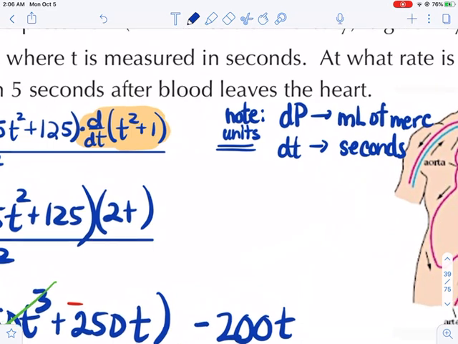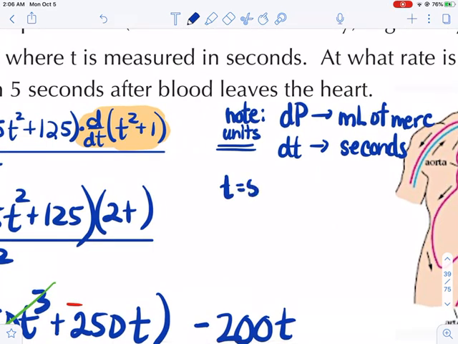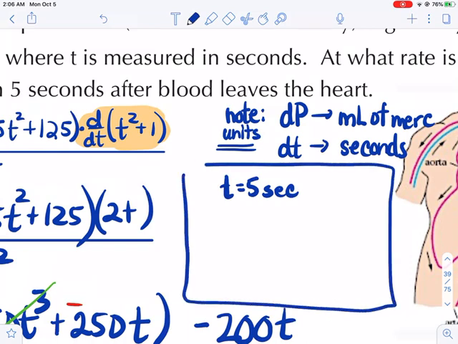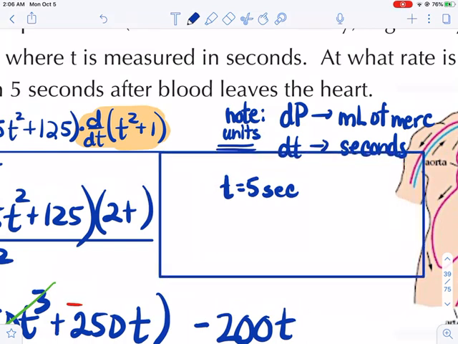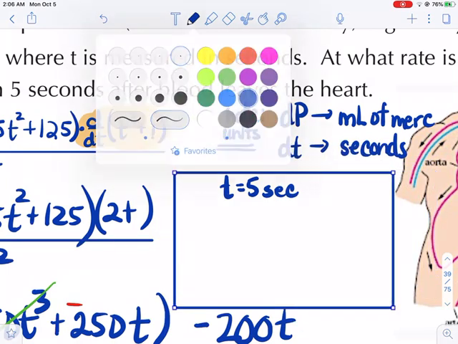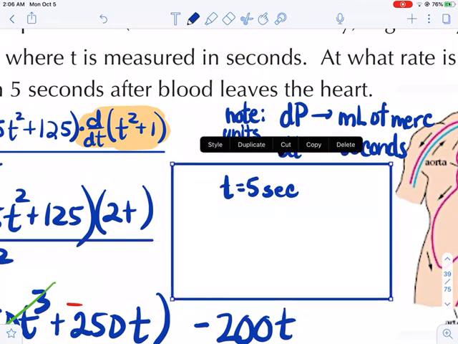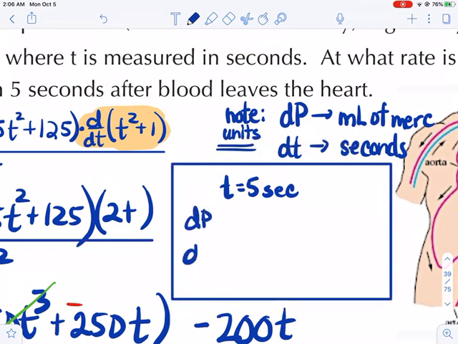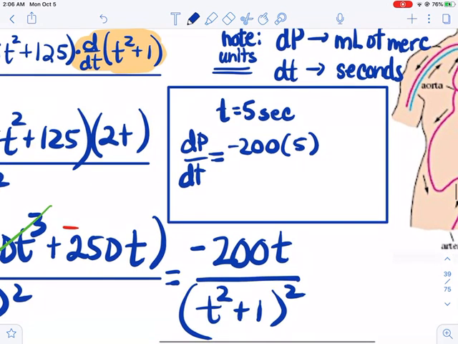So we would just say at t equal 5 seconds, we would have dp dt is equal to negative 200 times 5 over 5 squared plus 1 squared.